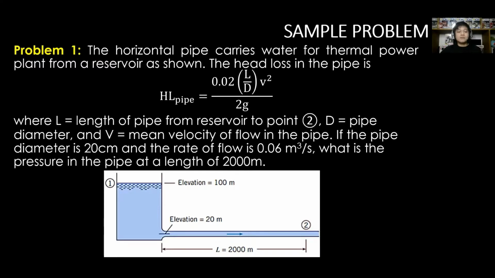If the pipe diameter is 20 centimeters and the rate of flow is 0.06 cubic meter per second, what is the pressure in the pipe at a length of 2,000 meters?